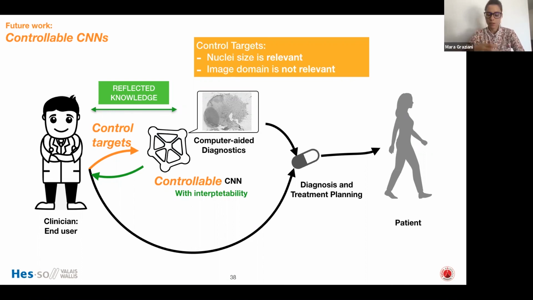So the clinician could ask the network to pay attention to the nuclei size, but not to learn the image domain. So to forget all of that source of heterogeneity in the data that causes problems when training deep learning models: the scanner type, the staining technique, and all these other details, while focusing on the important and relevant features that are used to make the classification, also by humans.